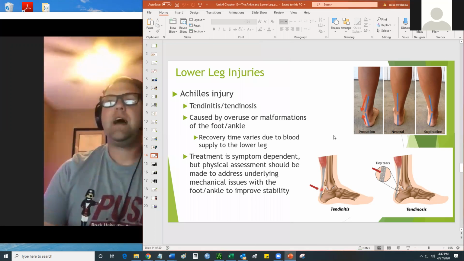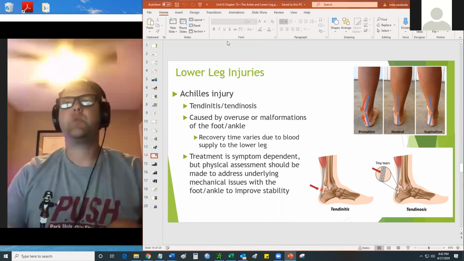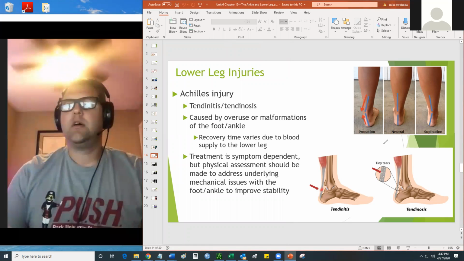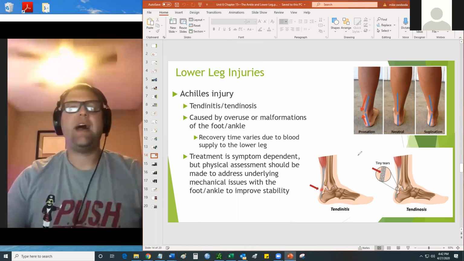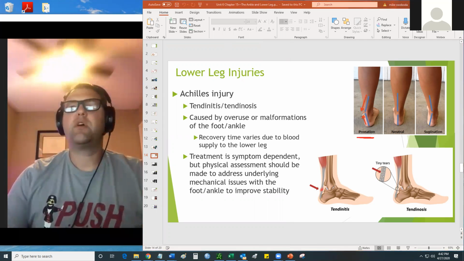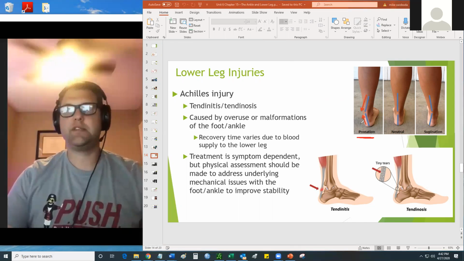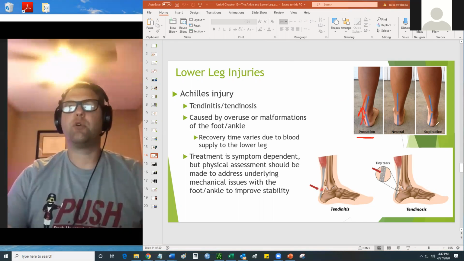If you have high arches, that's where you're going to get more of a supinated foot. Either one of these is bad, but in a different way. With overpronators, you want to get shoes that offer more medial arch support. So the inside of your foot, you want to have more support going up.